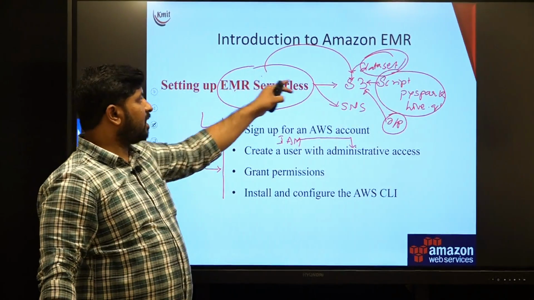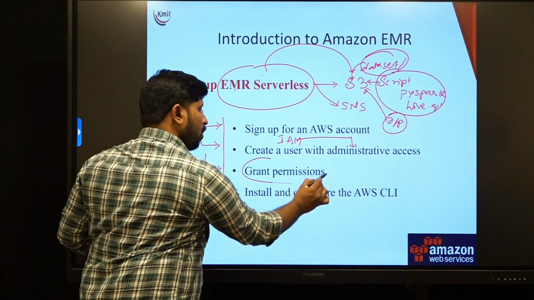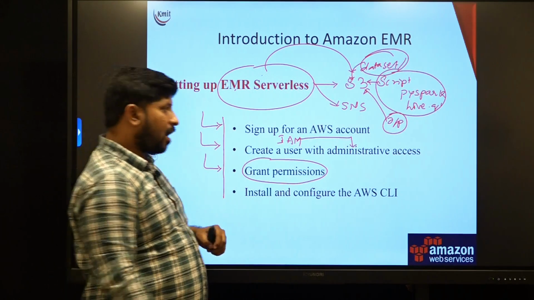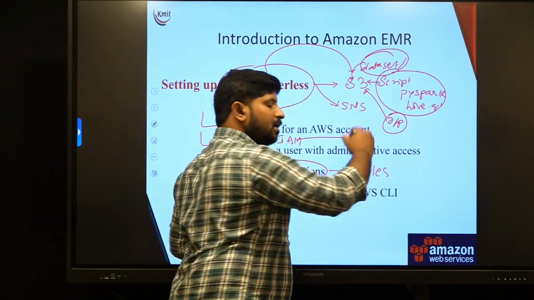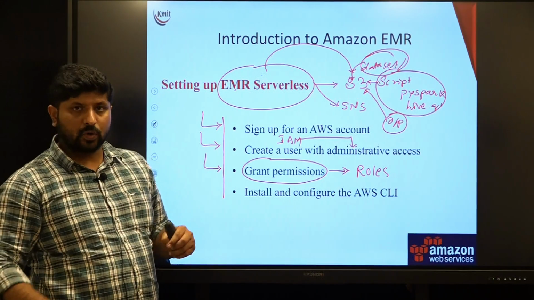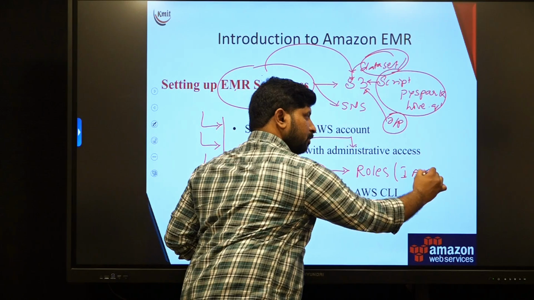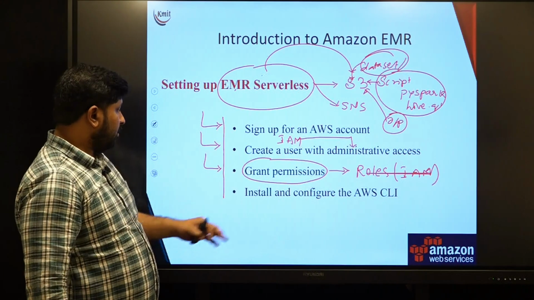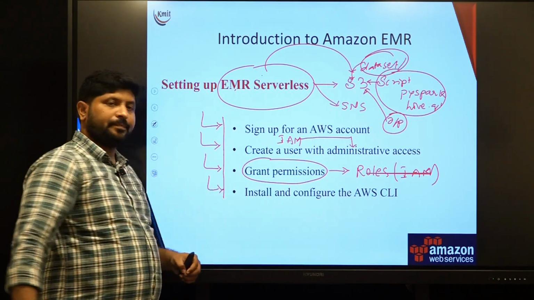So EMR Serverless needs to talk with S3. So for that you need to provide the permissions. And how can we provide this? Using roles. That also we had seen in our past sessions, how to create an IAM role. Then how to install and configure your CLI.